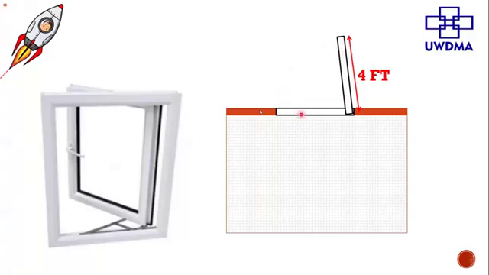And just imagine if it is on a butt hinge and there is no friction stay or something and somehow it opens, then how are you going to close it? You have to hang somewhere, or you have to tie a rope to operate this big sash. So in case of bigger opening widths, we would always suggest to keep a fixed and then keep an openable sash. Fixed cum openable sash.